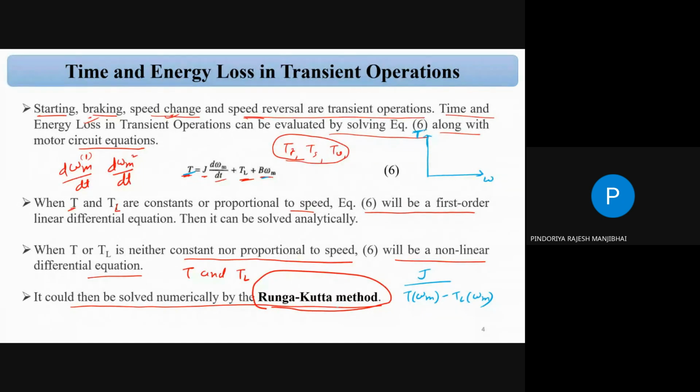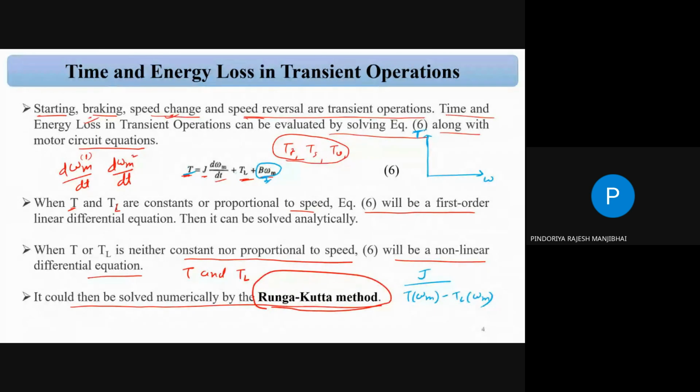This equation, correct? We can neglect B omega m, because this is a first order equation, so we can take the derivative. B is the viscous damping coefficient.